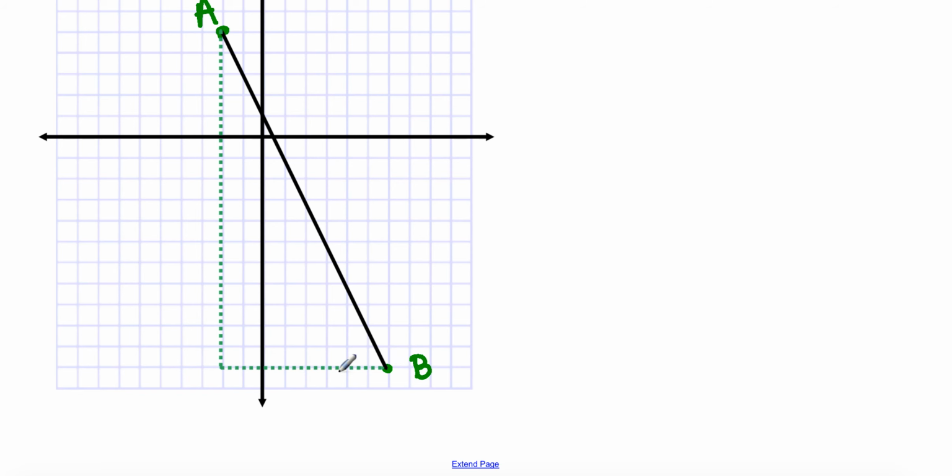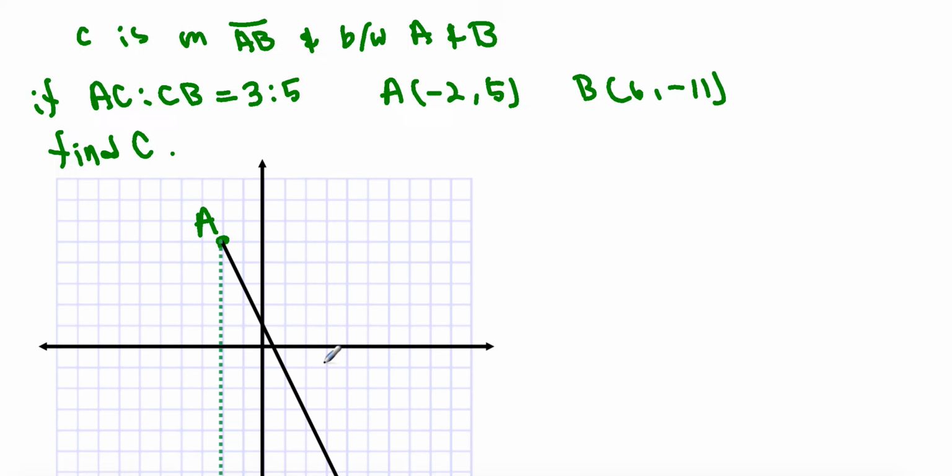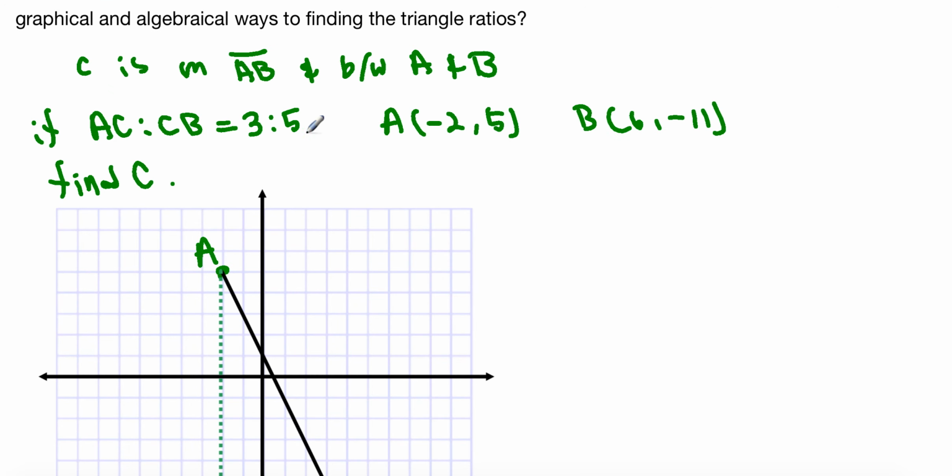So here, the horizontal difference is 2, 4, 6, 8. Total 8 units. But it has to be broken down into a 3 to 5 ratio.